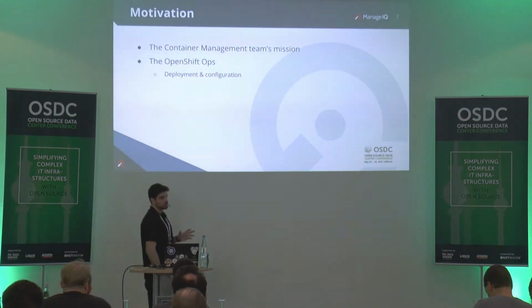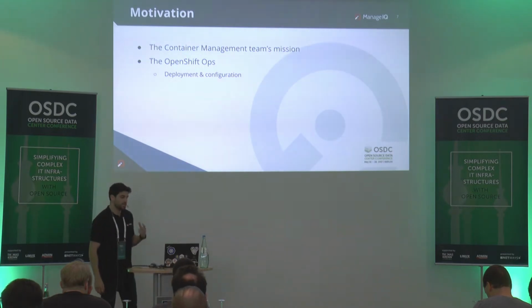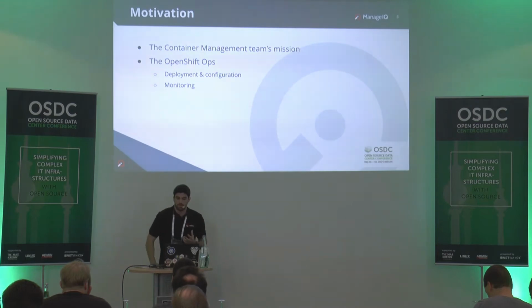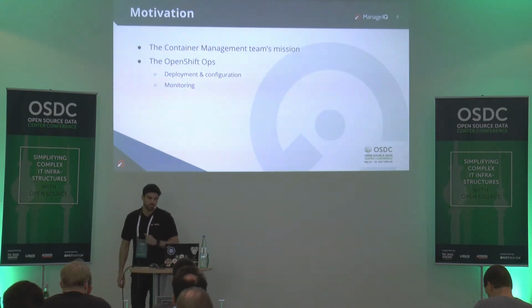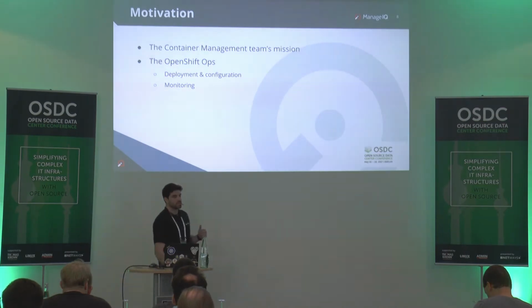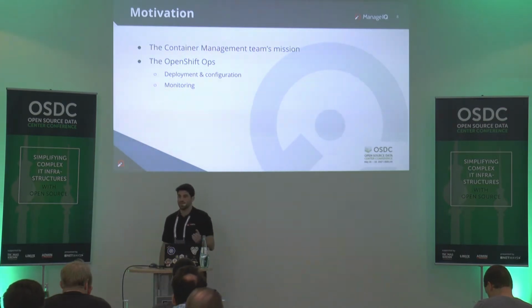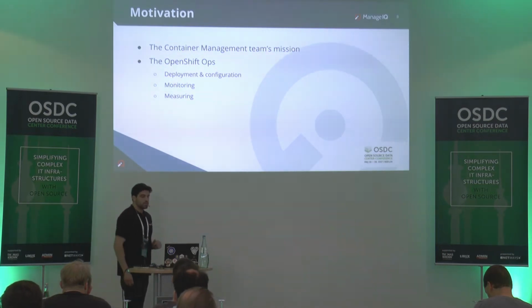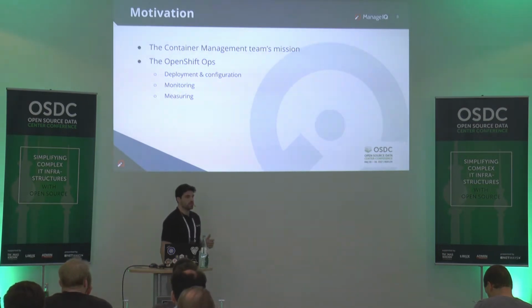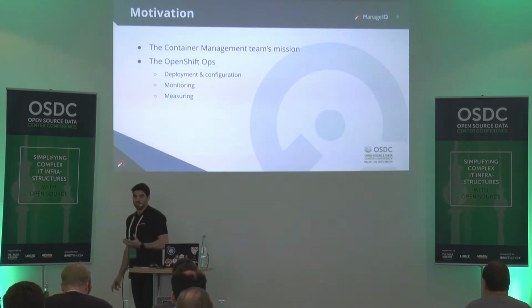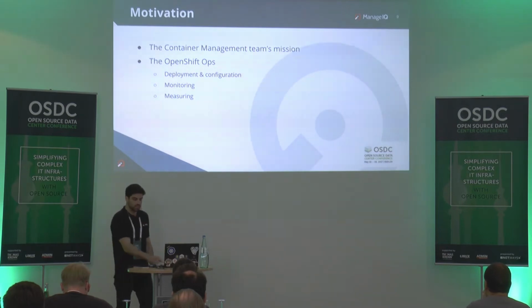They need to deploy and configure OpenShift clusters over and over again, and these can sometimes be very complex. They need a fine-grained solution for monitoring, meaning they need to store metrics, then define triggers on these metrics and receive alerts. They also need to use these metrics for measuring to better understand the workloads and the utilization of the clusters.